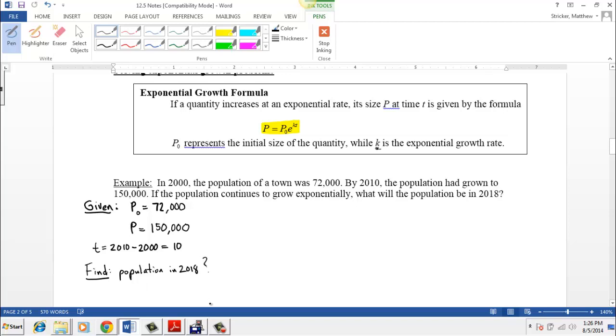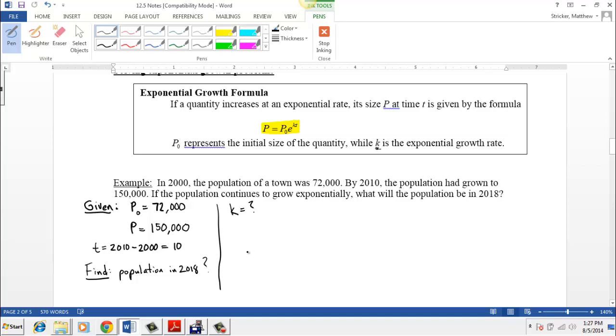But we can't do that yet. In fact, all these population growth problems require 2 steps. The thing we don't know is how fast this population is growing. So we can't figure out what it's going to be in 2018 if we don't know the rate at which it's growing. So the 2-step process is that first we have to find out what k is equal to.